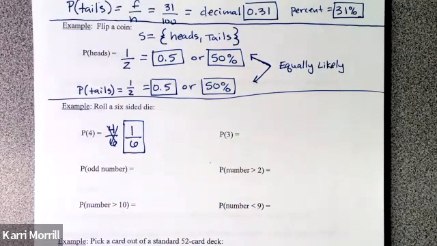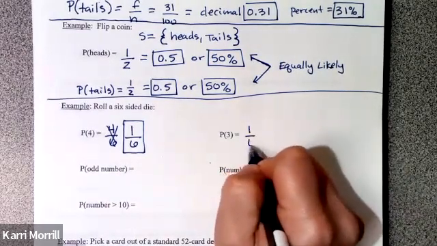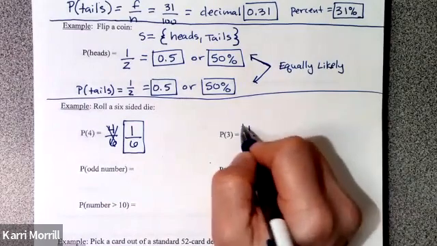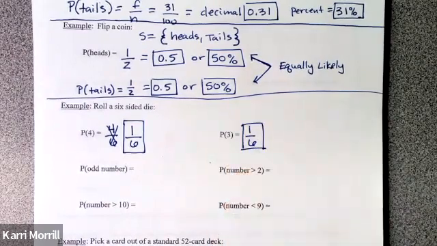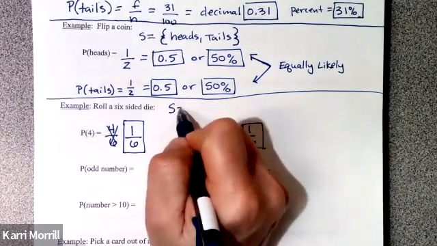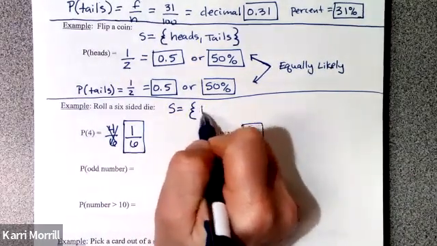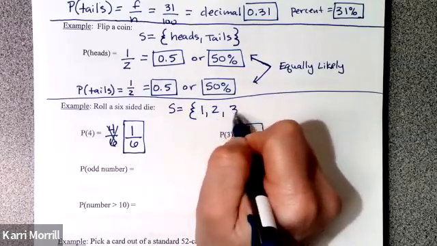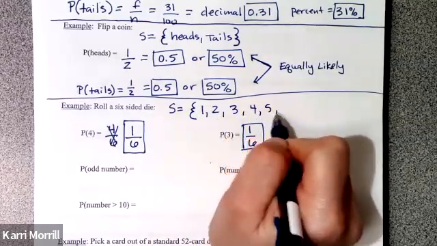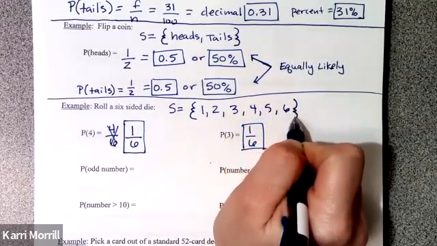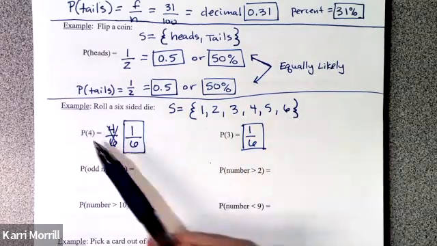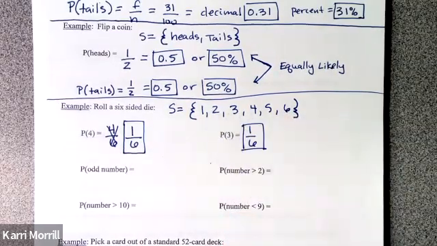The probability of getting a 3 would be the same, equally likely, because there's only 1 3 out of 6 sides. I probably should have done my sample space. We did it before, but there's a 1, a 2, a 3, a 4, a 5, and a 6. Each side, 1 dot, 2 dots, 3 dots, right? So 4, there's only 1 4 out of the 6 options.